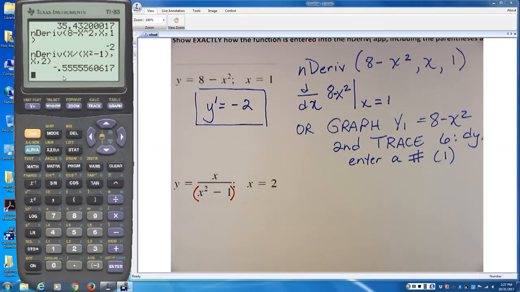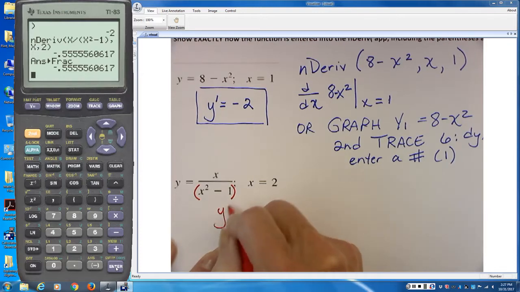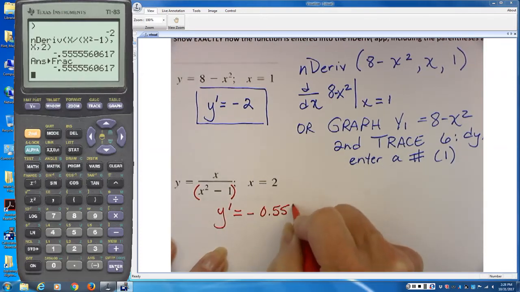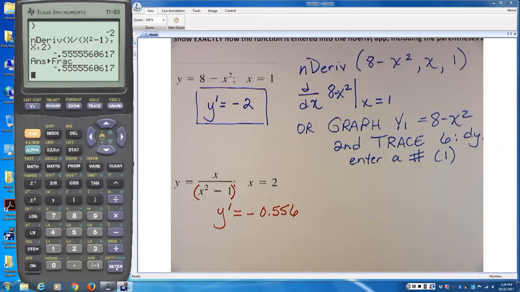Now, if you get something that looks like that and you're curious as to whether it's a fraction, don't forget, you can always hit math and ask it to convert it, and sometimes it will if it actually came out to an even fraction, but this one didn't. So then we say that y prime is equal to negative 0.556 would be 3 decimal places. If I don't specify, round however you want to, but usually at least 2. Okay?